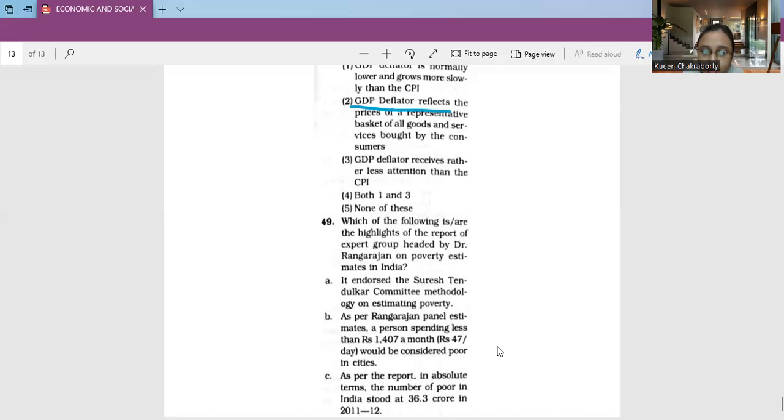And if we move on to more details, the number of poor in India was estimated to be much higher in 2011-12, at 29.5% of the population. As per the Rangarajan panel estimates, 3 out of 10 in India would be poor. Estimates based on Tendulkar Committee methodology had pegged the poverty ratio at 21.9% in 2011-12.